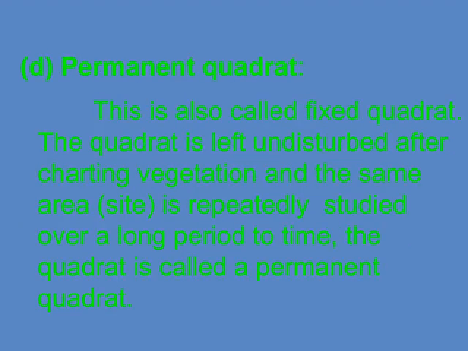Let's talk about the permanent quadrat, also known as the fixed quadrat. This method involves leaving the quadrat undisturbed after we've charted the vegetation within it. The key idea here is that we don't move or change the quadrat once it's set up. Instead, we revisit the same area, same site, over a long period of time.